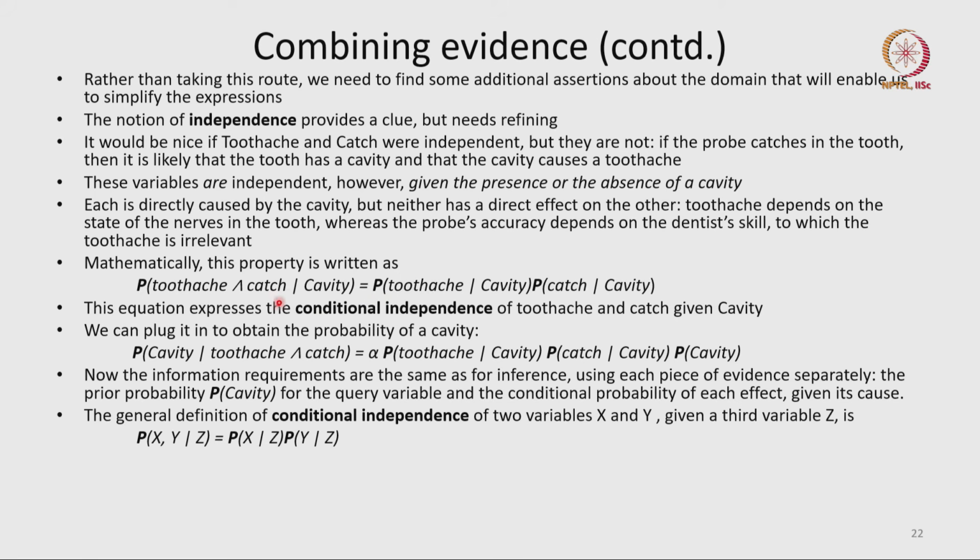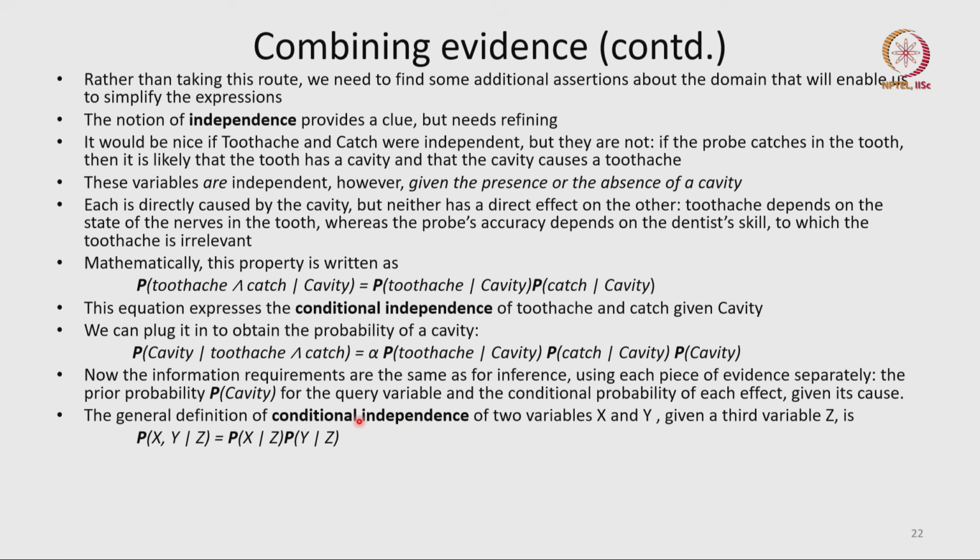If conditional independence can be found, then it makes it easy to solve this. You can write this whole thing as alpha times the probability of toothache given cavity, times the probability of catch given cavity, times the probability of cavity, which makes it easier to use.